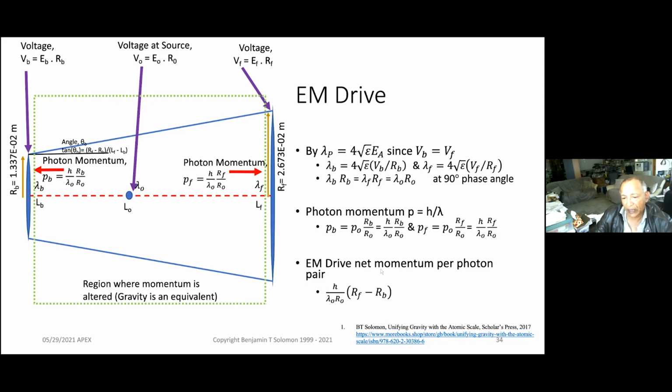So you can show the net momentum for a pair of photons, one hitting the back and one hitting the front, is simply a ratio of the original lambda wavelength and the radius of this cavity.